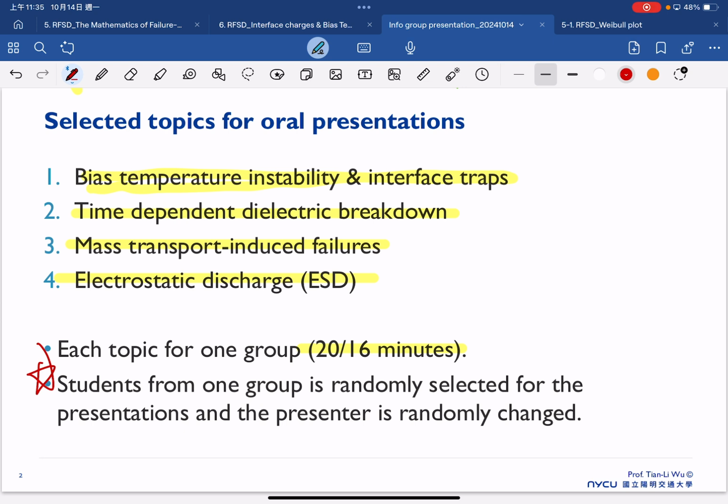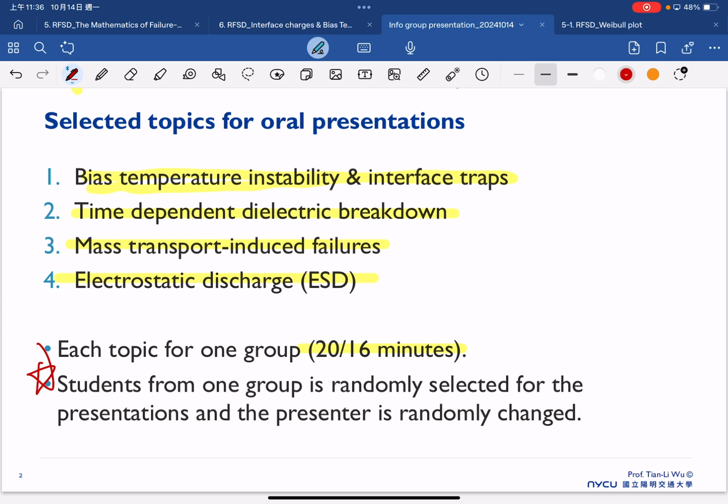Otherwise, you will certainly have a problem during the presentation, because it's randomly determined by me. You're likely to be picked for the parts that you are not familiar with or not prepared. So you have to work closely with your teammates and make sure that you can understand all the parts.